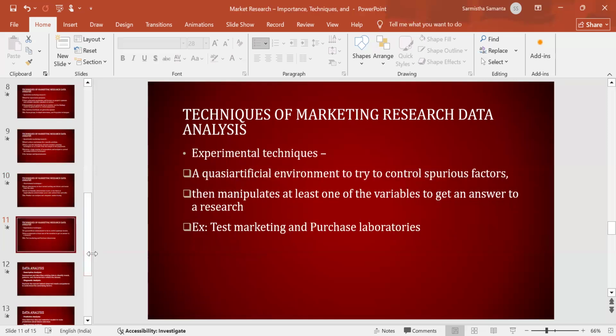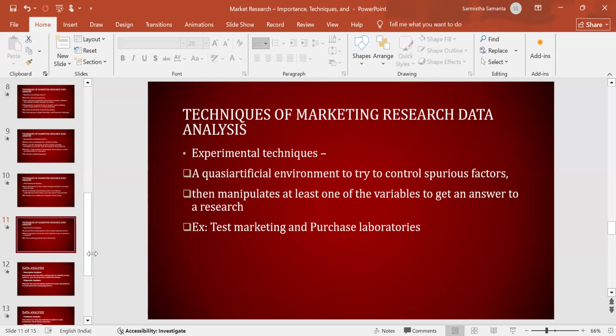Now next is experimental technique. It is like things will be put into an artificial situation and they will be monitored. Experimental techniques are mainly meant for science related research purposes. In case of marketing, the experimental research technique is more like you are putting your product in a situation where you are controlling the situation.